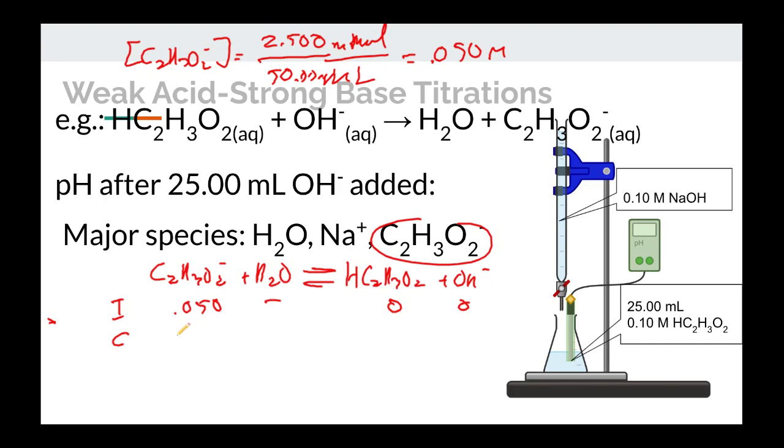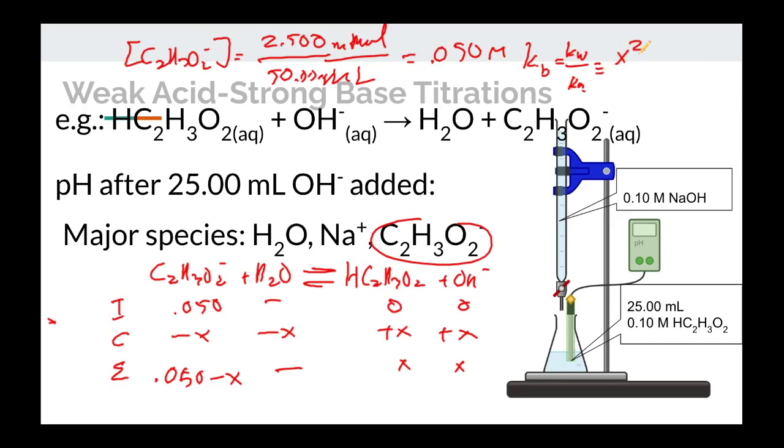Then there's the change, lose some moles of each of these, gains equivalent number of moles of each of these. At equilibrium, this is 0.050 minus x, this is x, and this is x. So Kb, which is going to be Kw divided by Ka, is equal to x squared over 0.050 minus x. When you take Kw divided by Ka, you end up with 5.6 times 10 to the negative 10th.